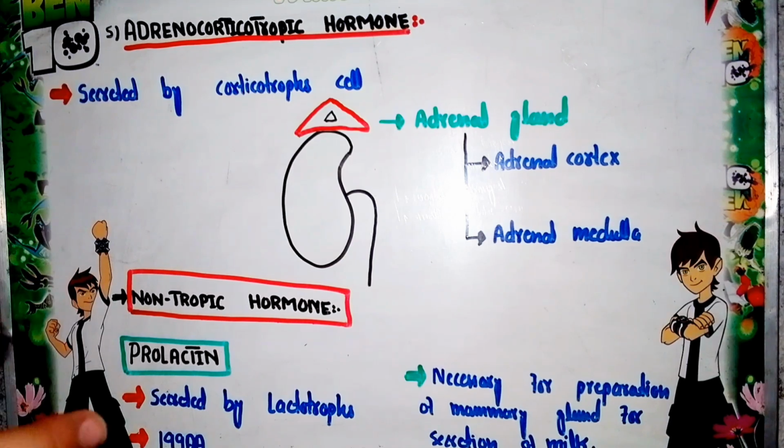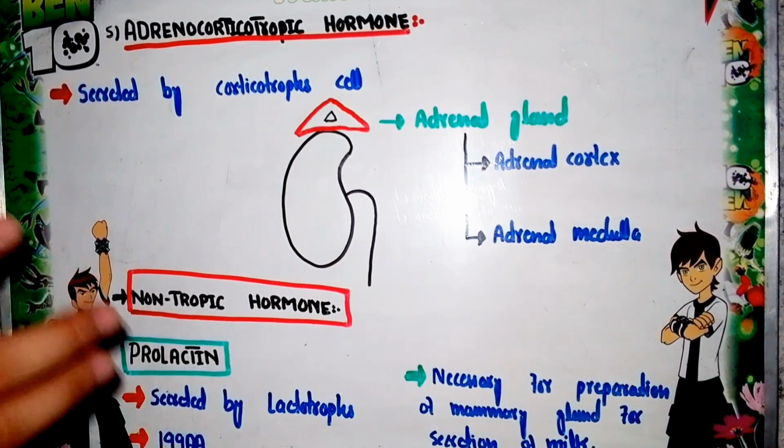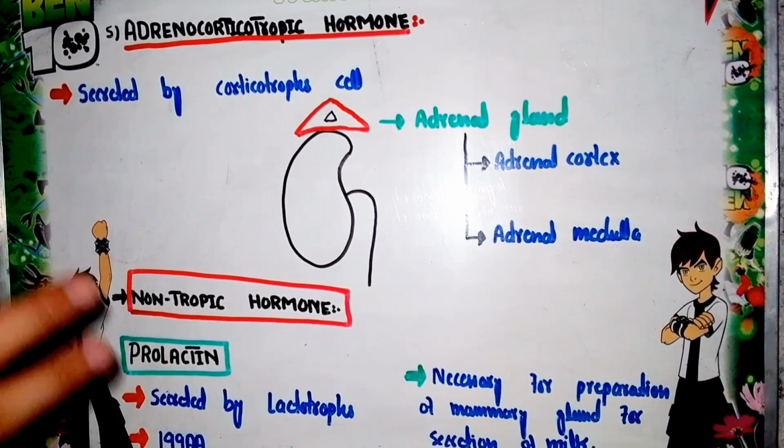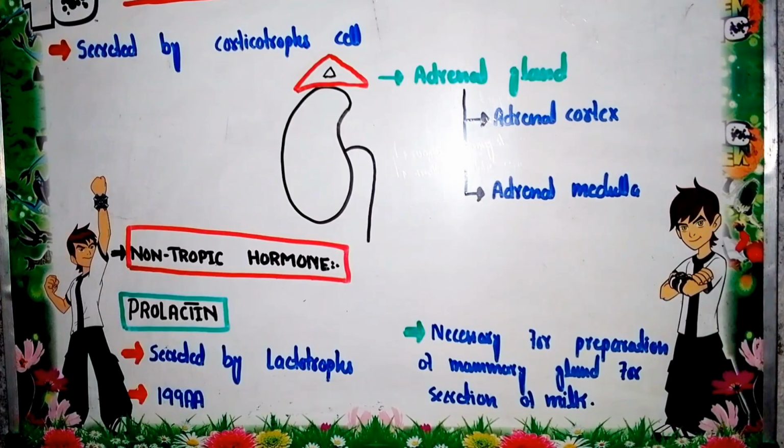Now the second group of hormones secreted from the anterior lobe of the pituitary gland is called non-trophic hormones. Non-trophic hormones are the hormones that directly act on the target cells or tissue instead of stimulating another endocrine gland to release its hormones.